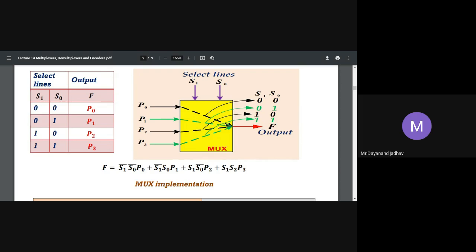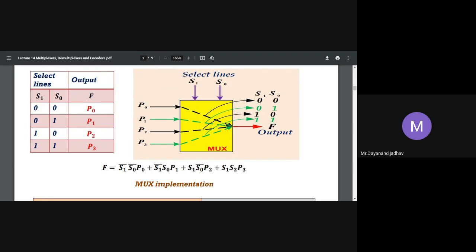Because of the select lines, if S1 S0 is 0 0, then P0 is selected in the output. If S1 is equal to 0 and S0 is equal to 1, then P1 is selected in the output. With the values of the select lines, from the main inputs only one is selected in the output. By logic expression, F is equal to S1 bar S0 bar P0 plus S1 bar S0 P1, and so on. If S1 S0 are 1 1, then P3 is selected in the output.